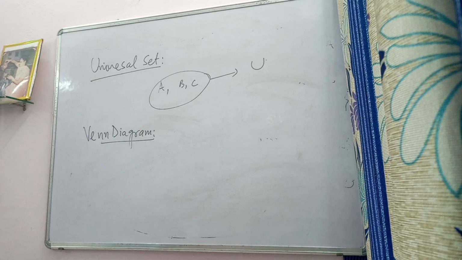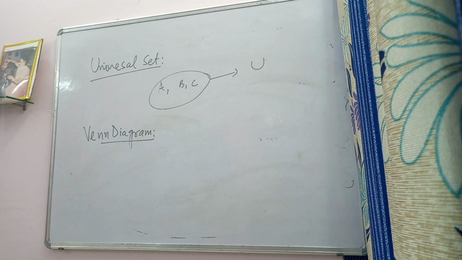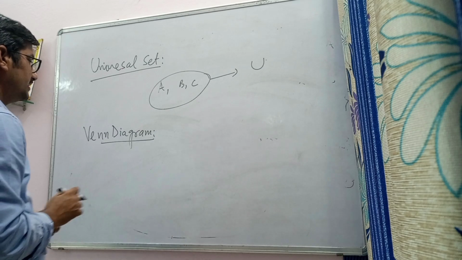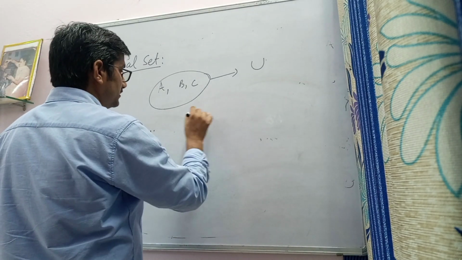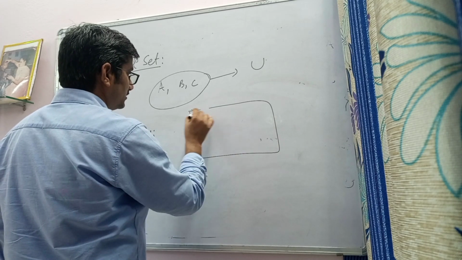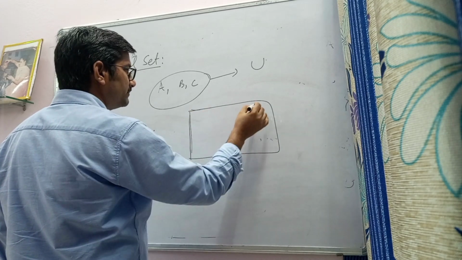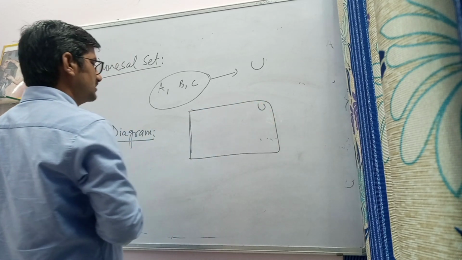Next we will discuss the Venn diagram. Venn was an English mathematician and logician, so after his name, these diagrams are known as Venn diagrams. Suppose this rectangular box represents U, the universal set.